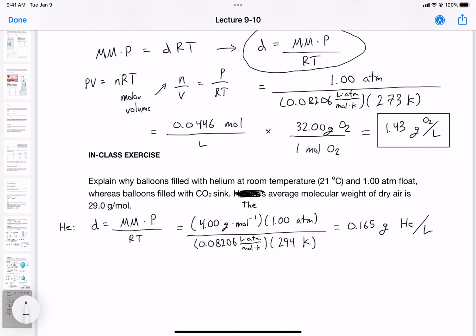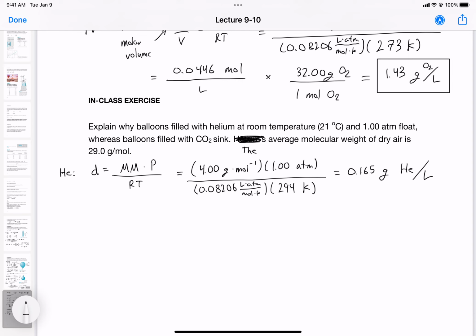Okay, so now if we do this same equation for all the rest of the gases, CO2. We would get the same kind of equation here, 44.0 grams per mole this time. And then we get 1.0 over 0.08206 times 294 equals 1.82 grams per liter.